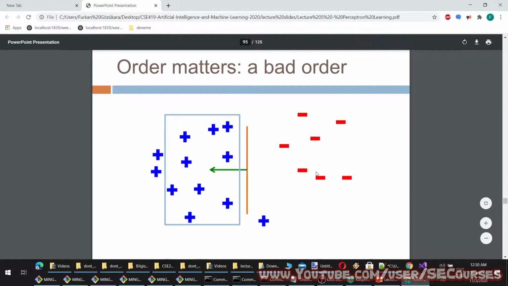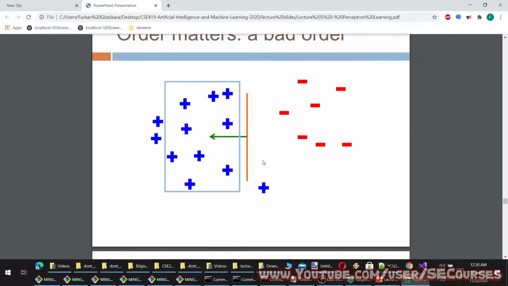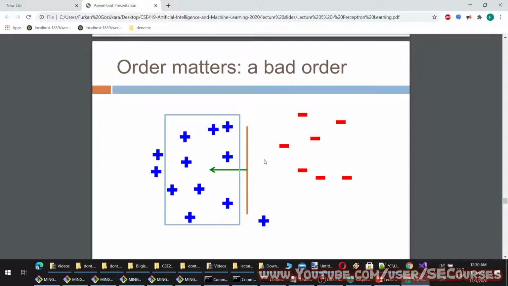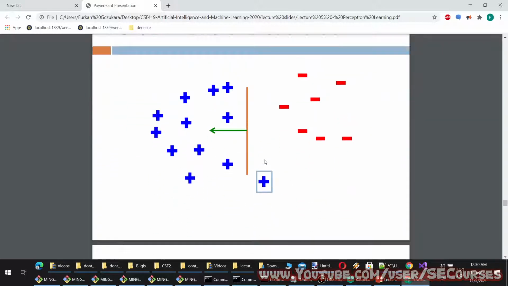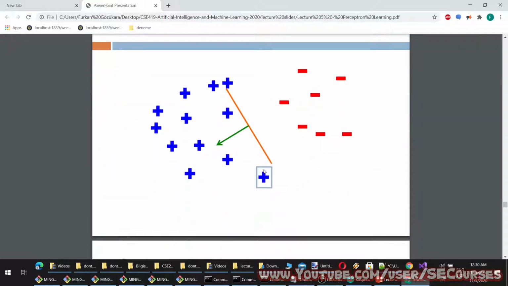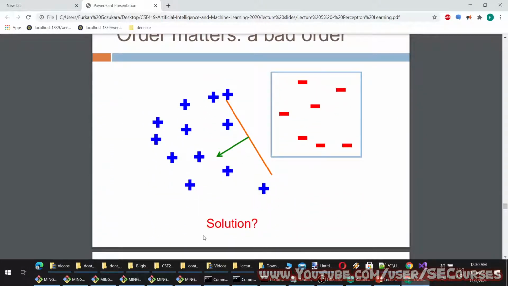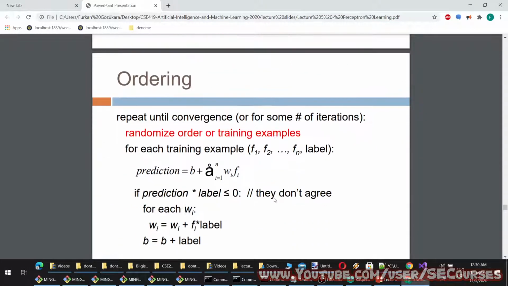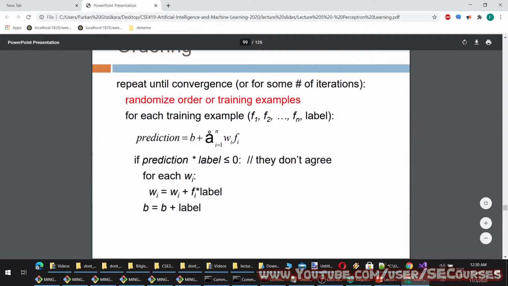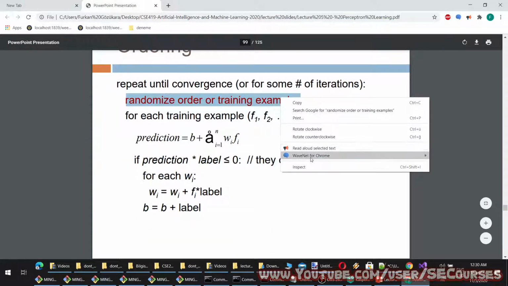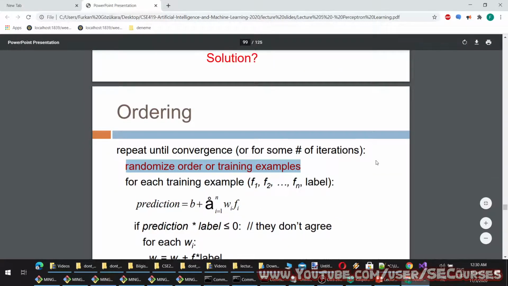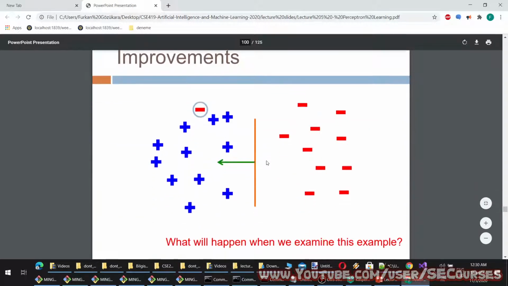Okay, so this one is incorrectly classified. Therefore, if we start from updating this one, it should break this one. So what is the solution? We continue updating, and we can randomize the order of training examples. We can randomize it.